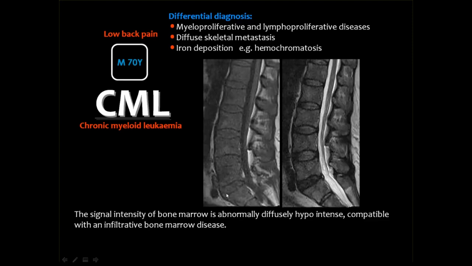There are a lot of differential diagnoses for this particular appearance. Actually, we describe what we can see, and we draw the attention of the clinician to assess the blood for the possibility of hematologic disease.